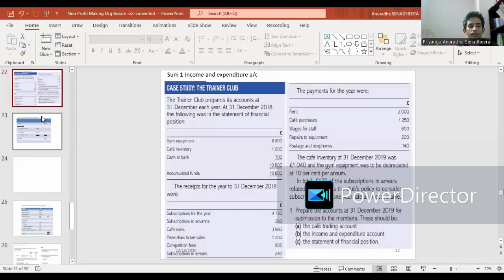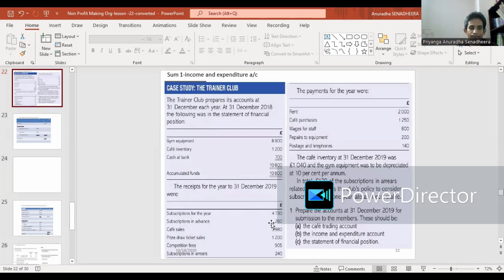What we can do is, in the subscription account, here, subscription arrears. You can see at the beginning of the year it's not given, but at the end of the year subscription arrears is given too. So you can record the subscription for the year. And then subscription in advance is given.